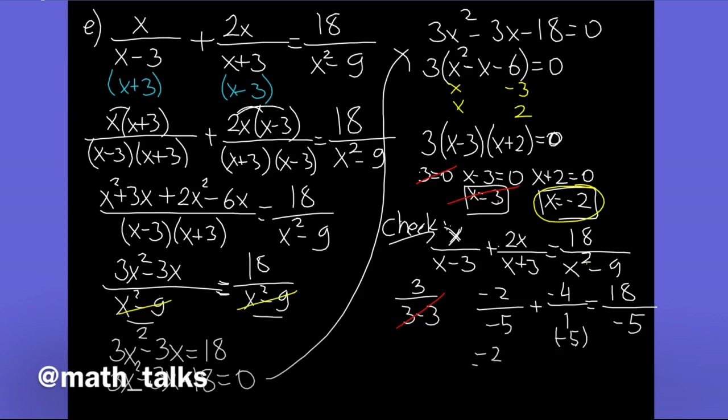So negative 2 over negative 5 plus negative 5 multiplied by negative 4, positive 20, over negative 5 multiplied by 1, negative 5, equals 18 over negative 5. Now here, negative 2 plus 20 is positive 18 over negative 5, equals 18 over negative 5. So that's true. I can say that my solution set is negative 2.